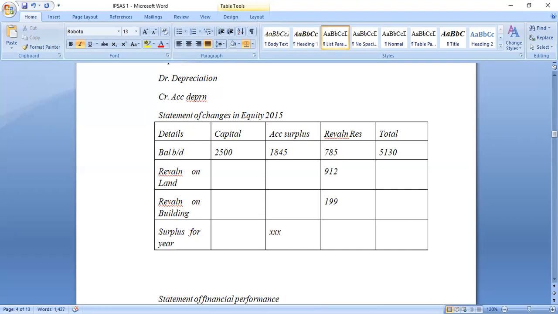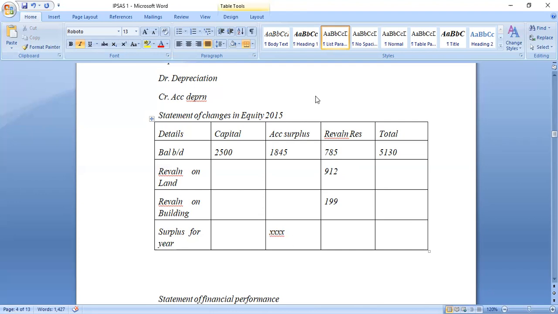So usually there are changes whenever they ask for statement of changes in equity. There's usually a transaction between these equities. Maybe they'll tell you we issued bonus shares or we transferred some revaluation amount to capital, something like that. They always try to compare the two. And once that happens, you know what to do. I can just sample you one.